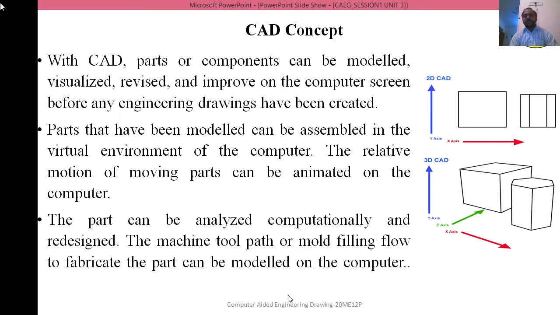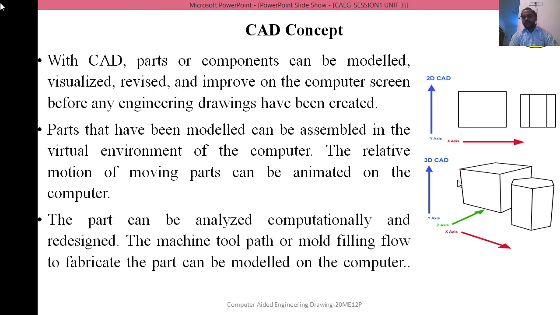The example for the CAD concept is shown in the diagram. See, this is the 2D diagram. This is the x-axis data. This is the y-axis data. So here two views have been shown. One is the front view and the second one is the side view. And the same can be modeled by using CAD software.